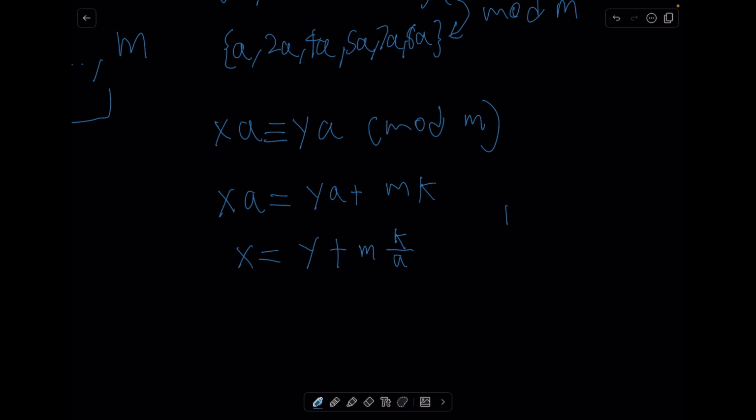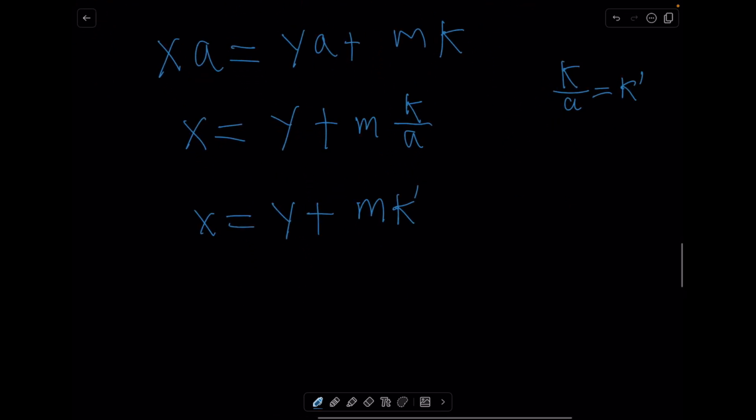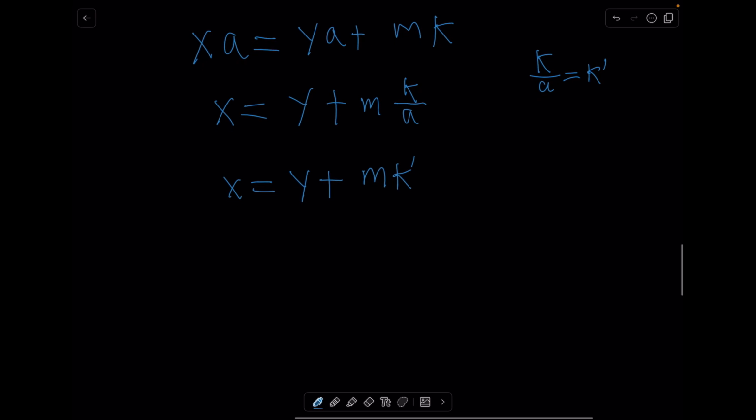And if we just replace k over a, let's call it k prime, we have x equals y plus m times k prime. But this can also be restated as a modular expression. In other words, x is congruent to y mod m.